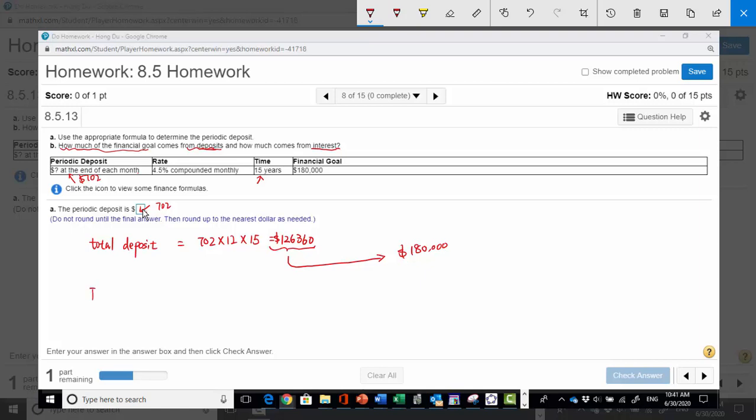To calculate the interest, we just need to do a simple subtraction: 180,000 minus $126,360. That will give us $53,640.